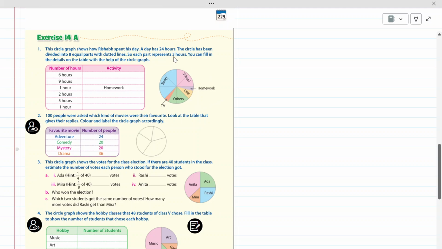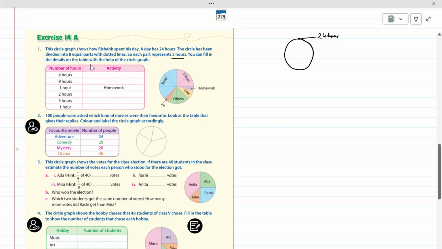So each part represents 3 hours. In the total day, the circle is of 24 hours. And what they are saying is they are dividing it equally into 8 parts with dotted lines, and each part is representing 3 hours here.